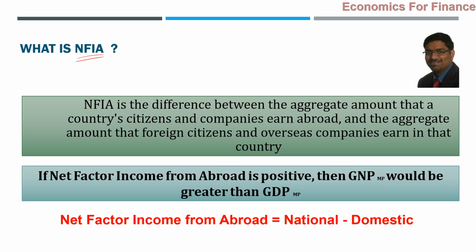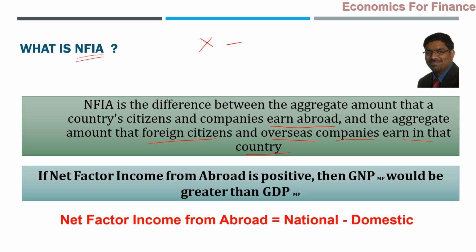What is this net factor income from abroad? That is the difference between the aggregate amount that a country's citizens and companies earn abroad. So let us say our Indian companies and Indian nationals are earning some money, X, outside India, minus the aggregate amount that foreign citizens and overseas companies earn in that country.